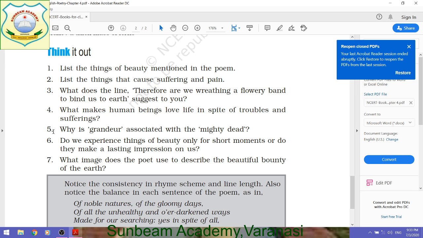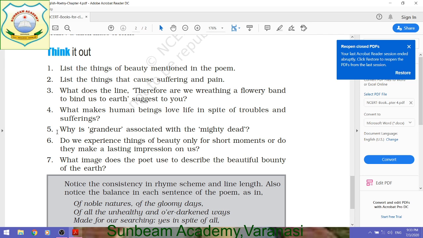Now see question number 5. Why is grandeur associated with mighty deed? Mighty deed means those people, our ancestors, who had done wonders, who had earned glory due to their good deeds, which are the constant source of inspiration for generations to come.